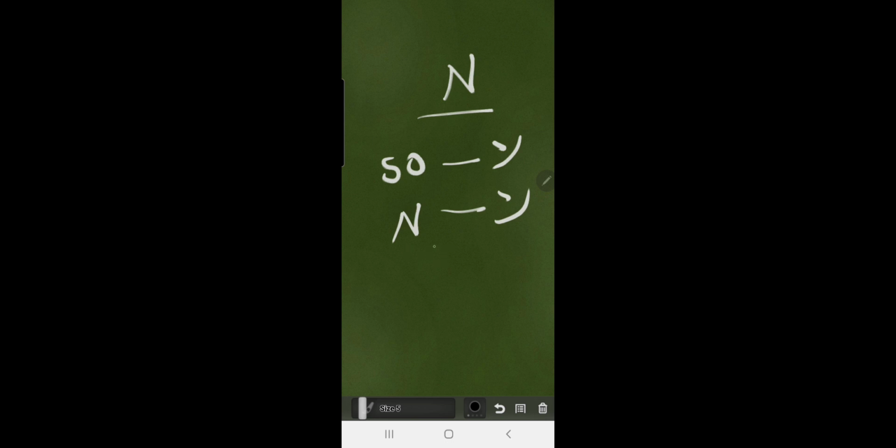Kind of like, if you remember, shi, she has 2 diagonal lines like that and comes up from the bottom up.